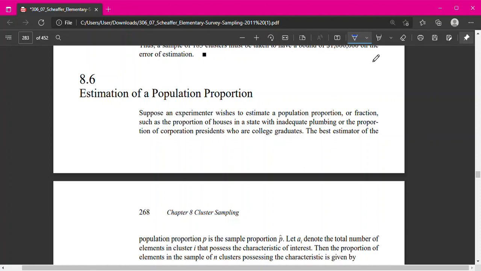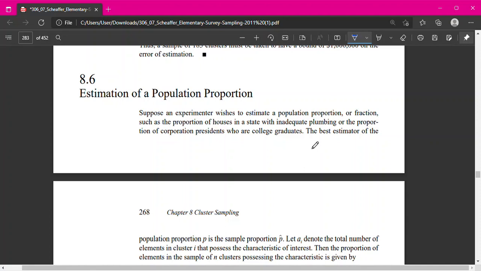For example here, the proportion of the houses in a state with inadequate plumbing. So here there are only two outcomes, either inadequate plumbing or adequate plumbing, or the proportion of the corporation presidents who are college graduates or not college graduates. There are two outcomes, two results.